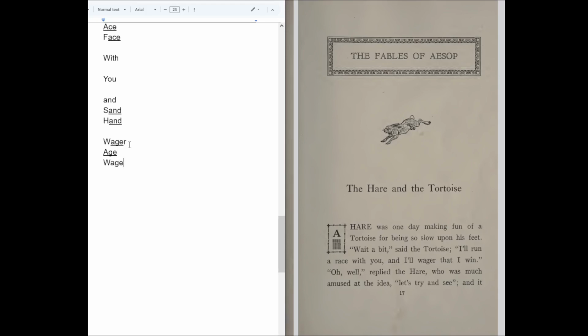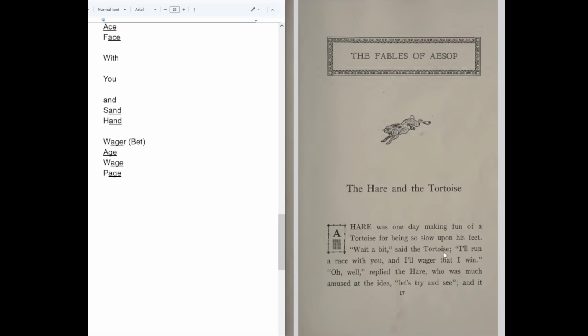And that's because it comes from the word wage, or it's related to the word wage. Okay? And we have other words with that, like page. But in this case, a wager is, here's another word, a bet. Okay? I'll bet you. That's basically what the tortoise is saying.